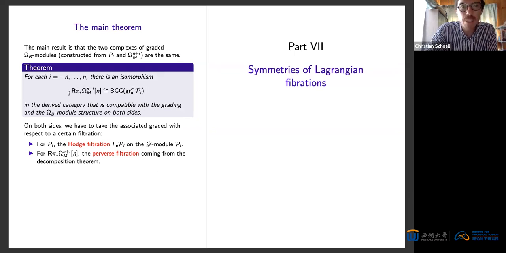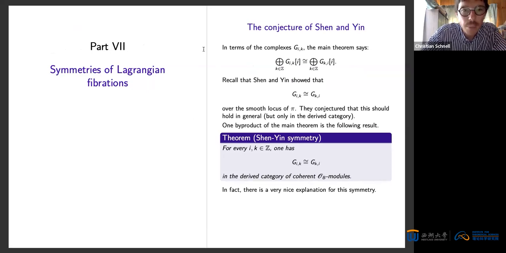On the left-hand side, by the Saito theorem. So the main theorem, in terms of these perverse Hodge complexes, says that those 2 sums are isomorphic, but where the 2 sides have 2 different module structures. You see that I'm summing over K on both sides, but in one case it's the second index, and on the other side it's the first index that's being summed over.